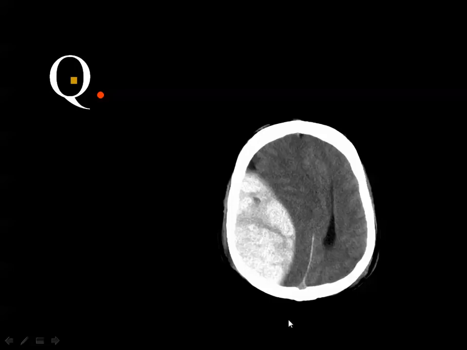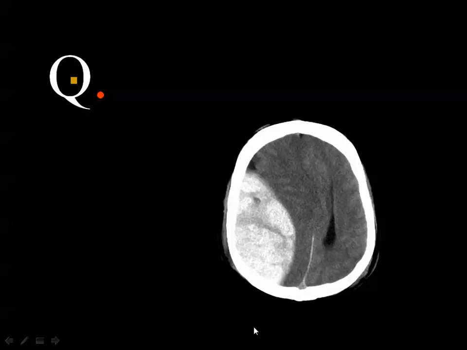Hemorrhage. Yes, and this is hemorrhage. Anywhere? Epidural or subdural? Epidural. This is epidural blood because it is adherent to the inner table, and the inner border of the lesion is convex.